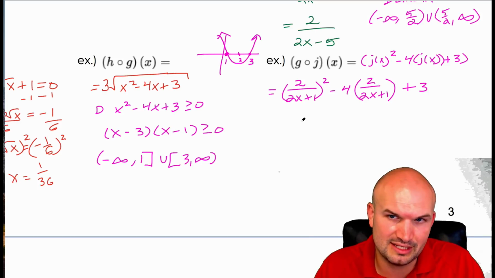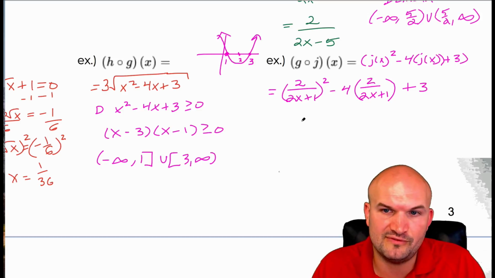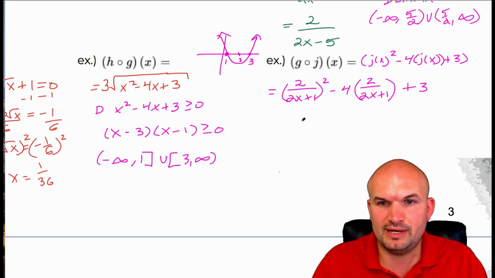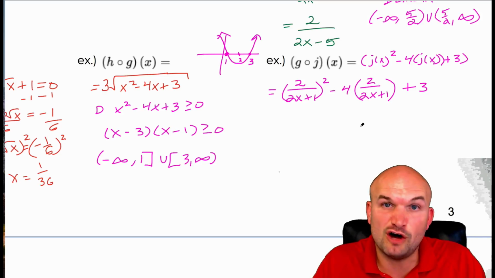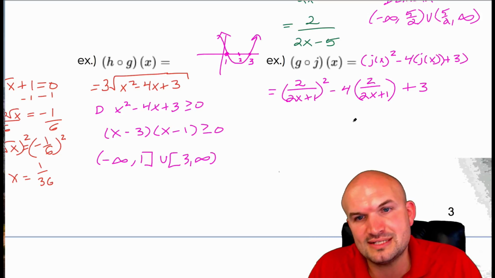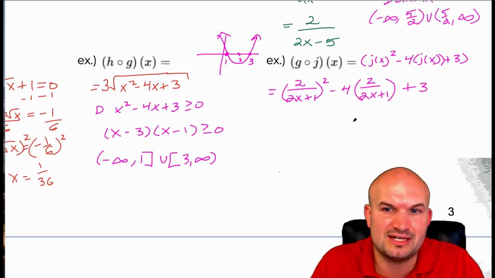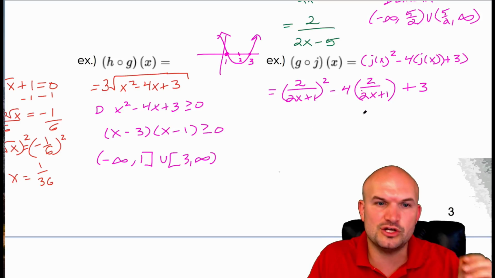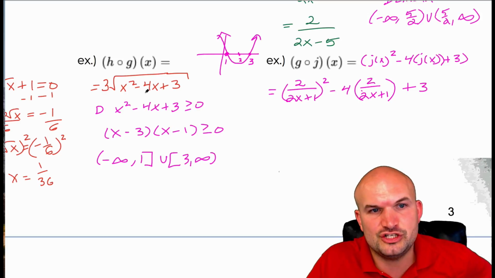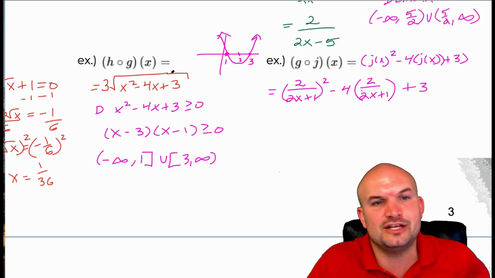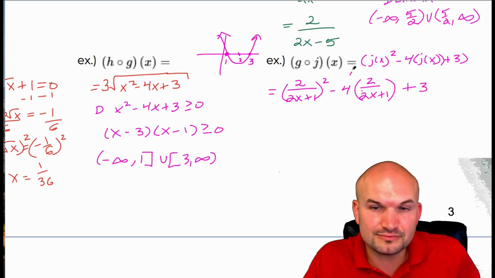Let's look at the initial conditions first to see what's really going on. From J of x, we know that the domain of J of x is all values except for -1/2. And once I plug that into my function G of x, that does not change. There are no new restrictions. Here, by adding J into G, I'm not adding any new restrictions, unlike when I added G of x into H and had a new restriction because it was under the radical.